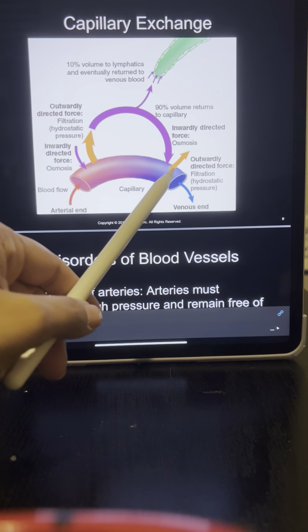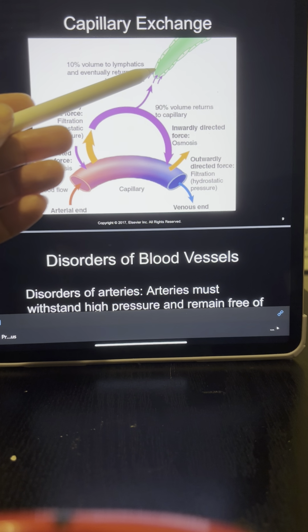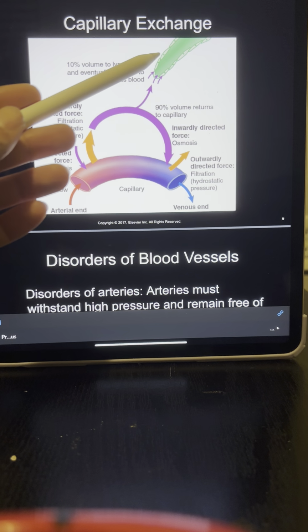So now it's bluish because it has no more oxygen. When fluid is pushed out of the capillaries, because maybe you have too much fluid, or for whatever reason, the lymphatic system, which we'll go over later, is right there to absorb all that extra fluid.